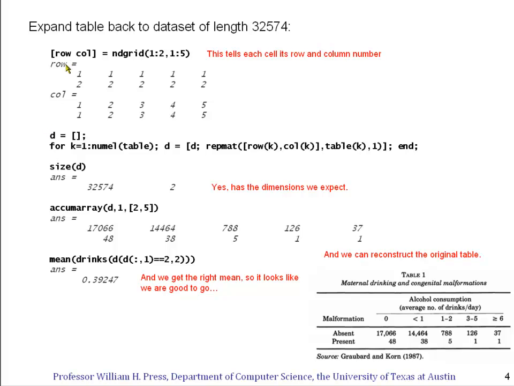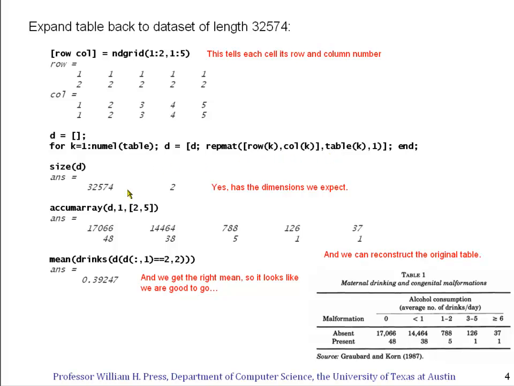ndgrid gives 2 results. It gives a thing the size of the original table here, that is 2 by 5, that simply labels each cell by its row, and then it gives another one called col, which labels each cell by its column. That allows us to construct this long, skinny matrix D by, for each element in the original table, each of the 10 values down here, concatenating a certain number of rows to the matrix that tell which row and which column in the contingency table that element came from.